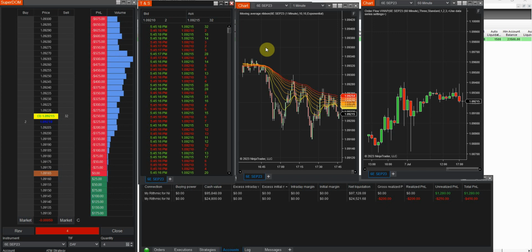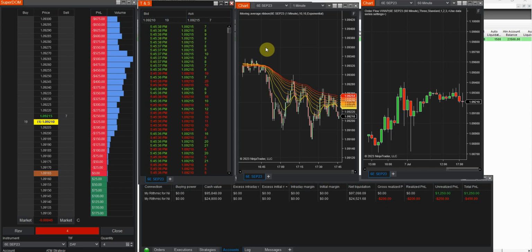Saw some 60s. So that's the bid, people hitting the bid. A lot of green there, but small numbers. Small, bit of some bigger reds, 60s, more 60s.